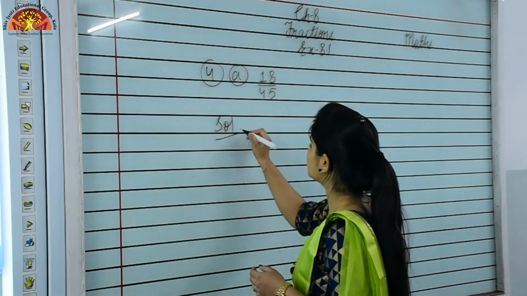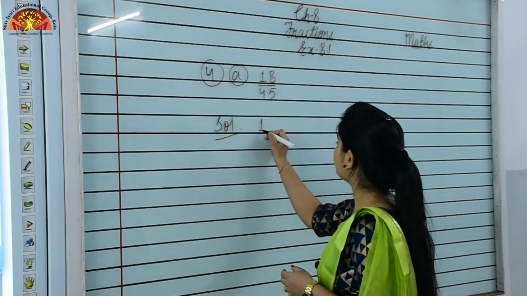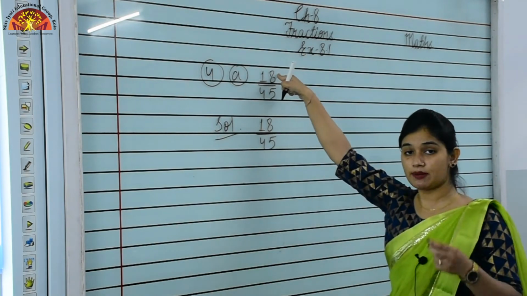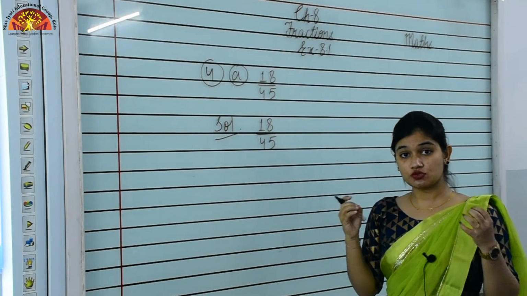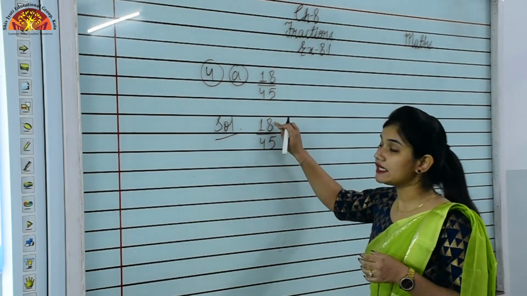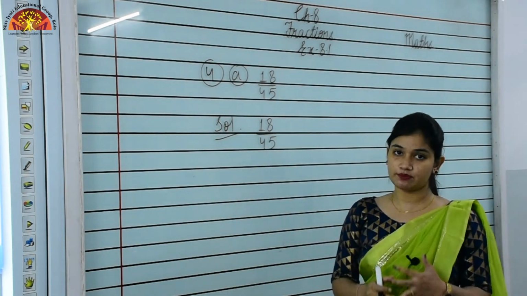You have to take the same numbers in numerator also, in denominator also. And first of all, I can see 18 is divisible by 2, but 45 is not divisible by 2. And we have to take same numbers. So now we have to check by 3. As we know, 18 is divisible by 3 and 45 is also divisible by 3.